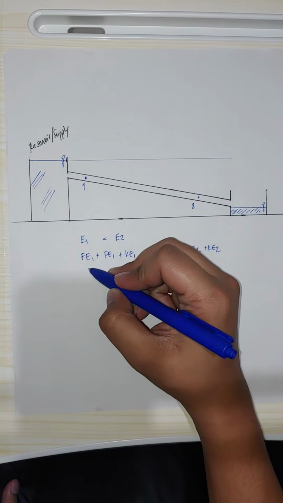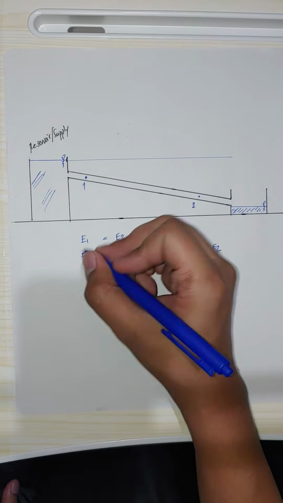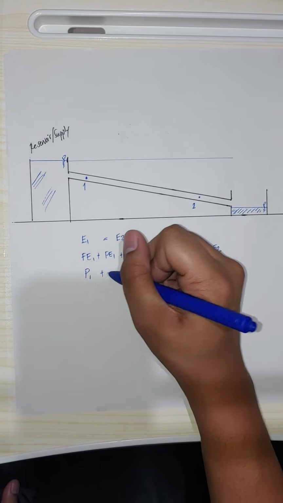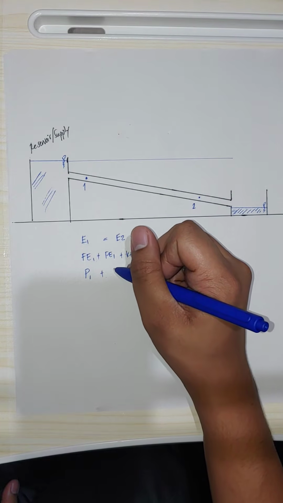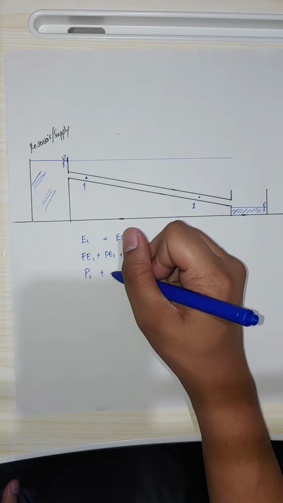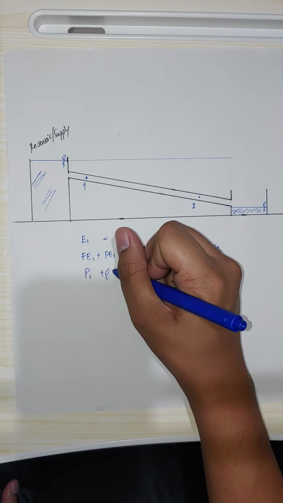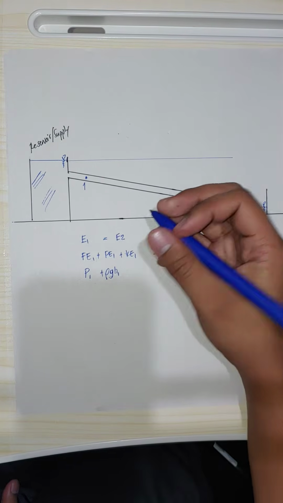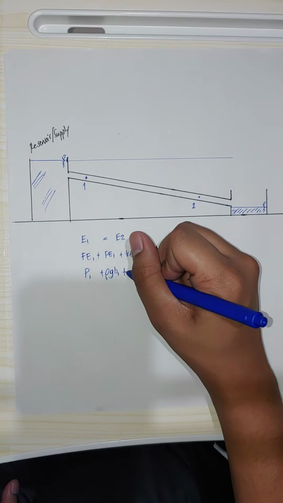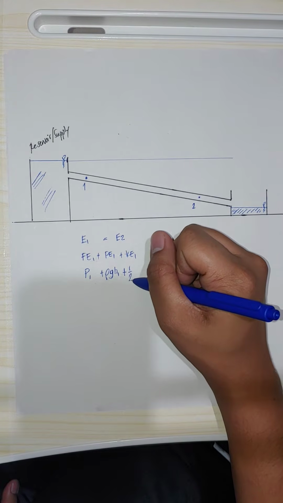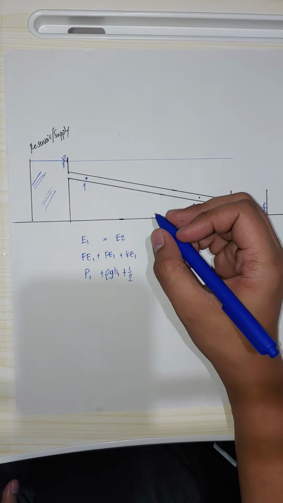What is under flow energy? We have the pressure. The formula for potential energy, if you remember, is rho g h. And the formula for kinetic energy is 1/2 m v squared.